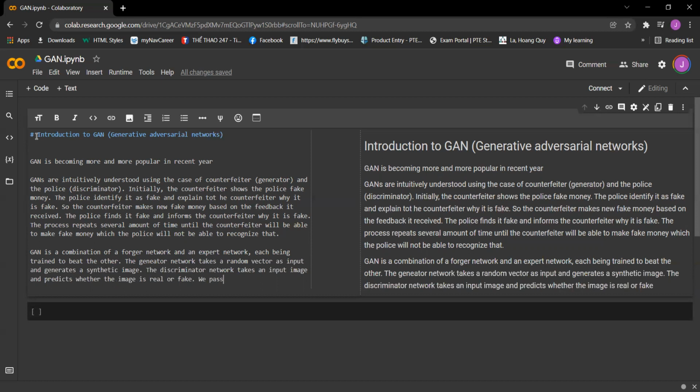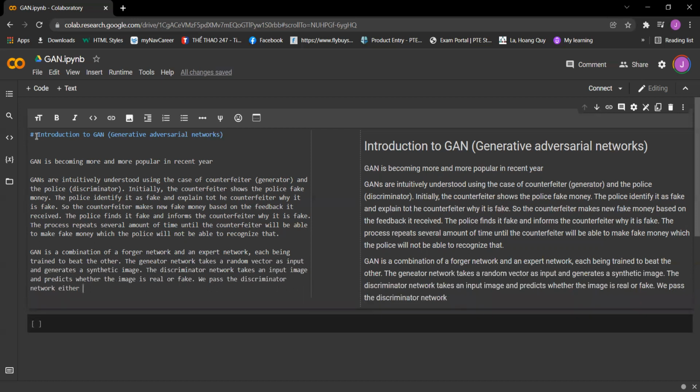So we pass the discriminator network either a real or fake image.